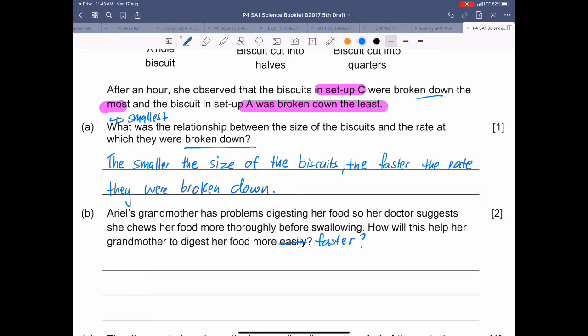Please be very careful. A lot of you make that mistake. So once again, when you chew more, relate it back to the function of the teeth. I told you already, you have to memorize. Whenever you talk about chewing food more, you have to talk about how the food breaks up into smaller pieces, therefore increasing the surface area exposed to digestive juice. Hence, your rate of digestion will increase because of that.